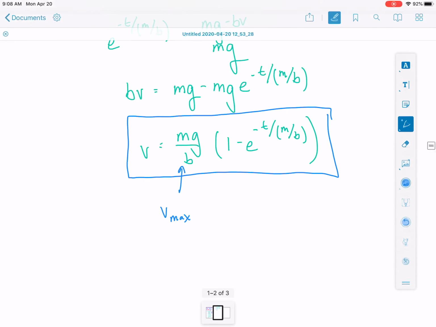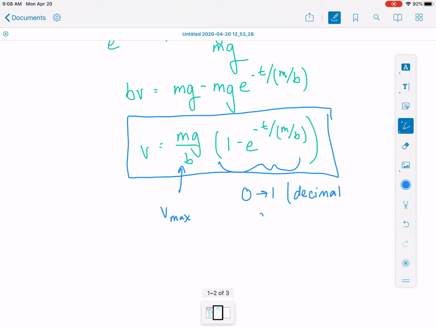This right here is always going to be between 0 and 1. So essentially, it's the decimal percent of Vmax. Depending on what that equals is going to be how close to our max velocity that we're at.